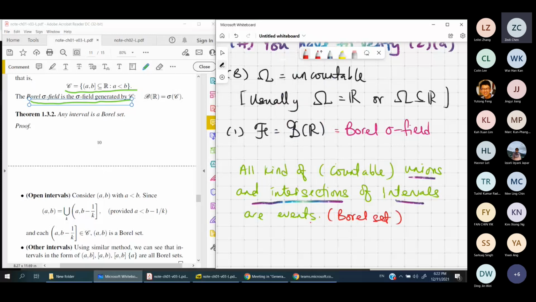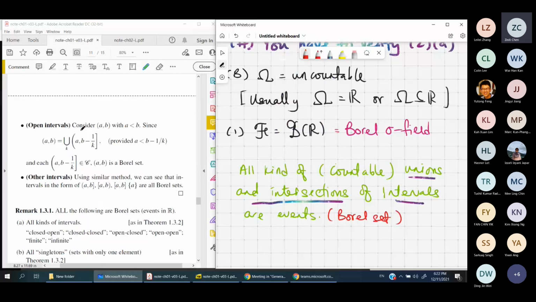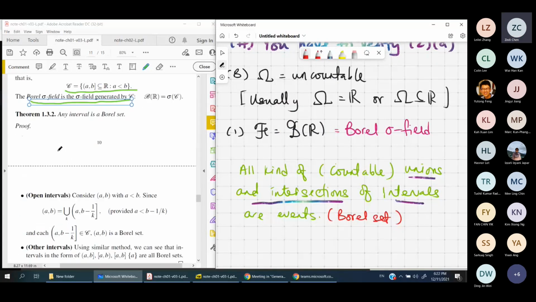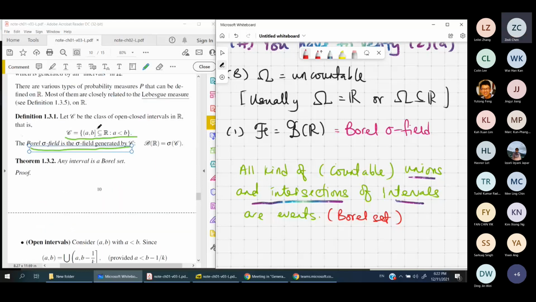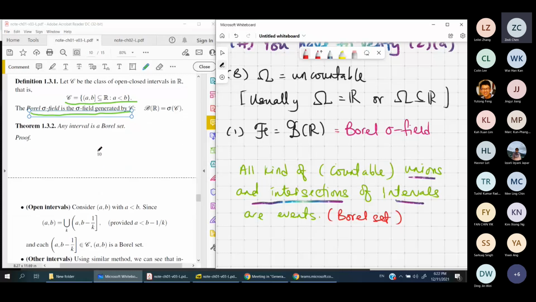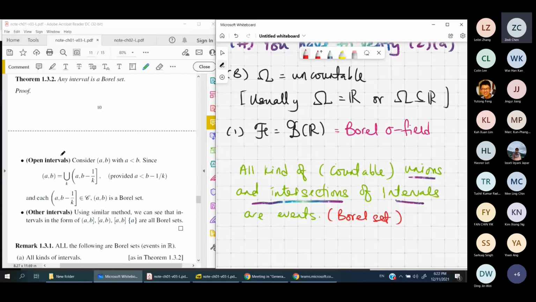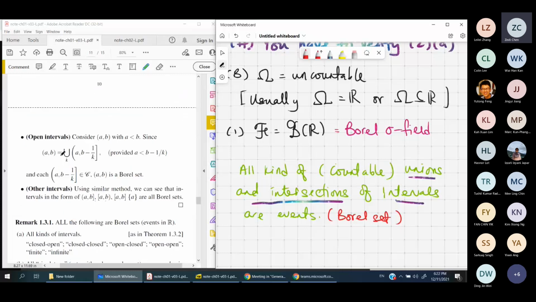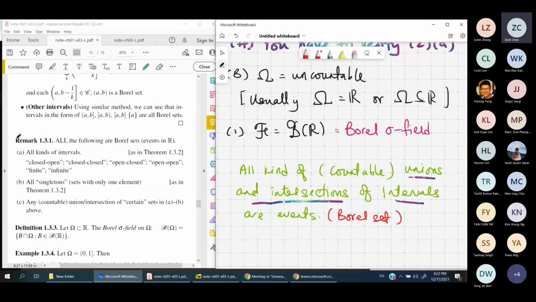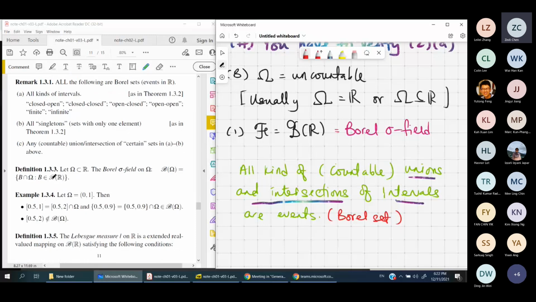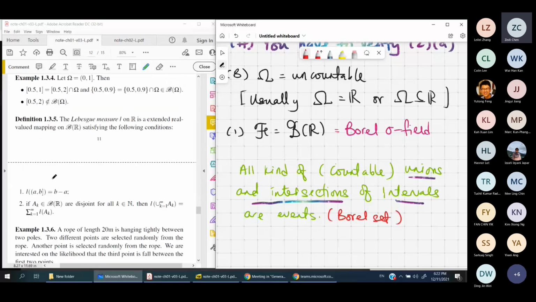So we have actually verified this. We began with the open closed interval, and after that I verified that all kinds of intervals are Borel subsets.